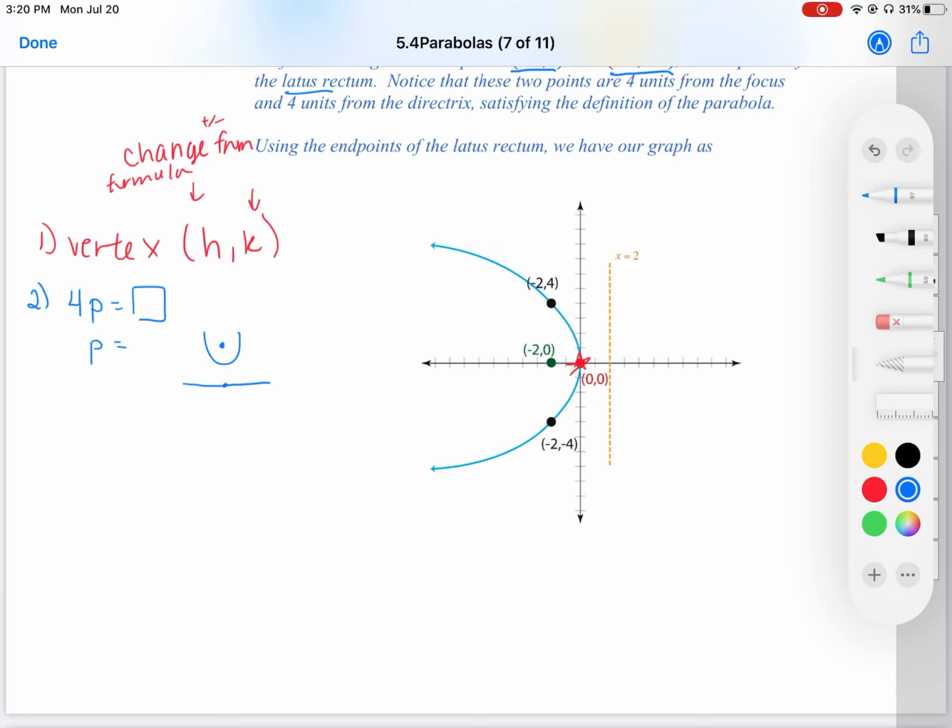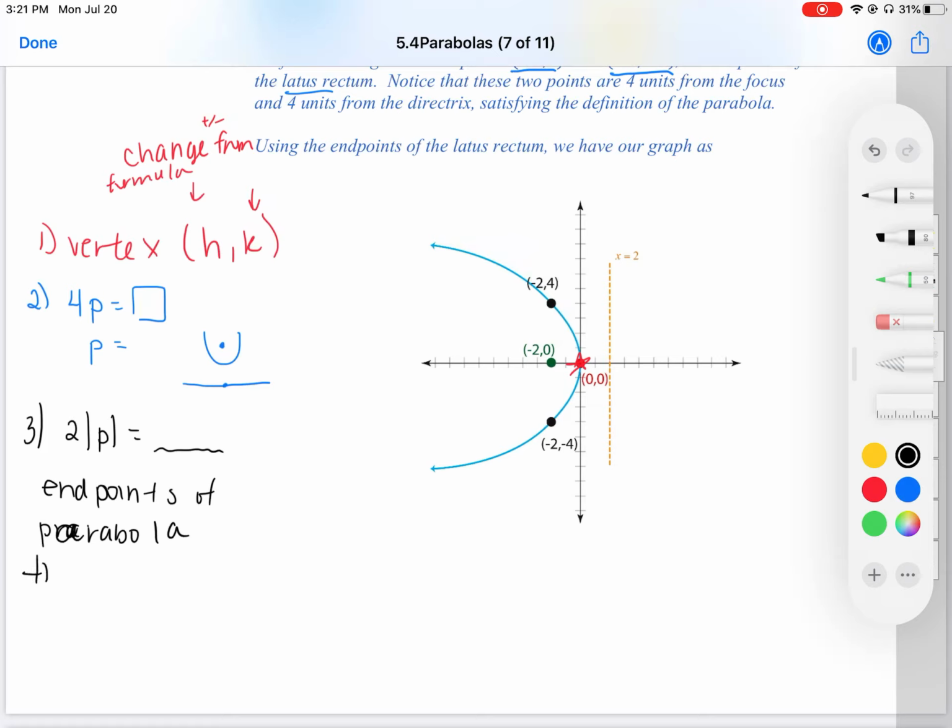From there, we're left to determine, with the formula 2 times p, the distance of your endpoints of your parabola. They're not really your endpoints. Maybe we can say extra points, that'd be more proper to say.